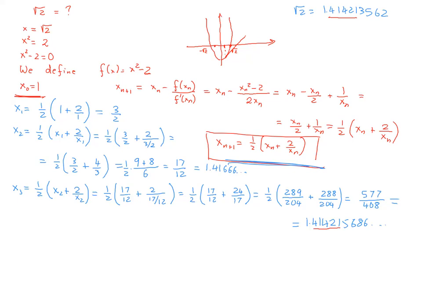But the question is, when exactly are you going to stop here? And the answer is, as you compute these approximations, you will see decimal points stabilizing. So if you compare this 1.41666 with the next one that we found, 1.41421, and so on, you can already see that 1.41 is common in both of these.